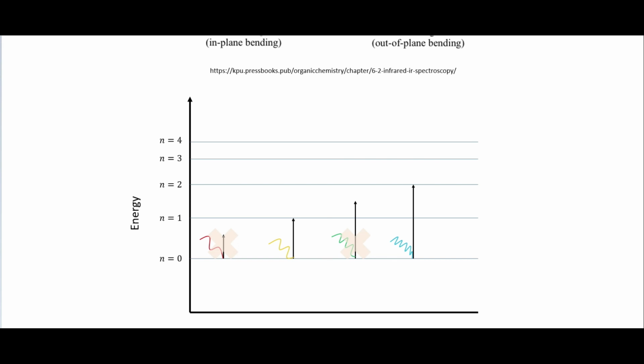So for instance, if we have some wavelength of light that is too long, so too small of a frequency, then that's not going to be enough to promote it from the ground state to the first excited state here. We can think of this in vibrational modes too, but this is just an illustration here. And so we need a photon of a certain wavelength to actually promote it from the ground state up to the first excited state here.